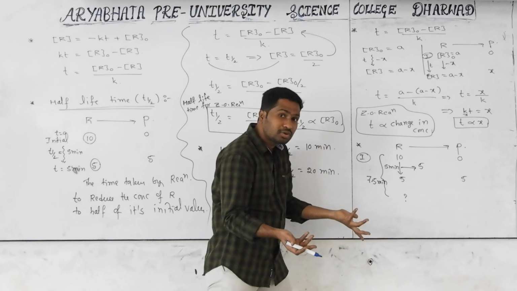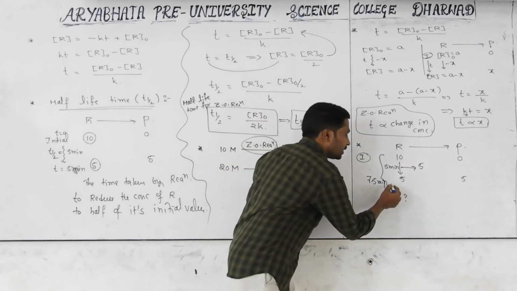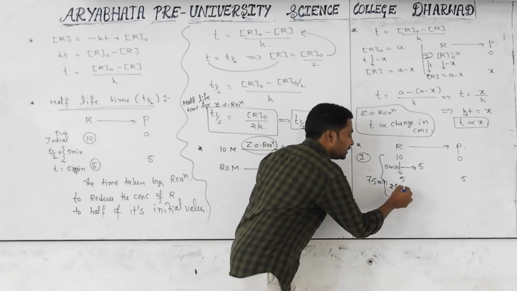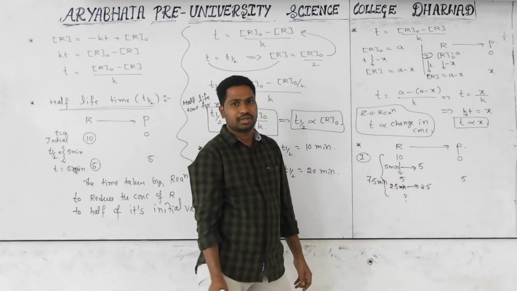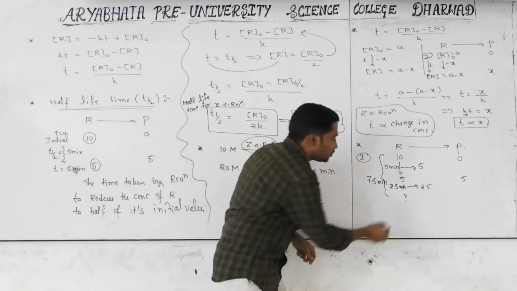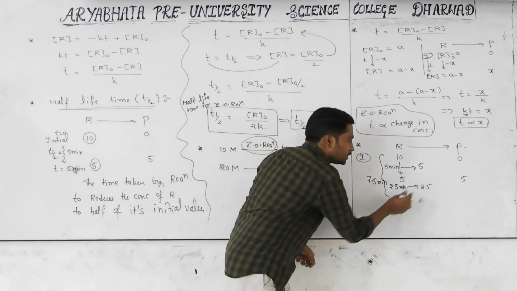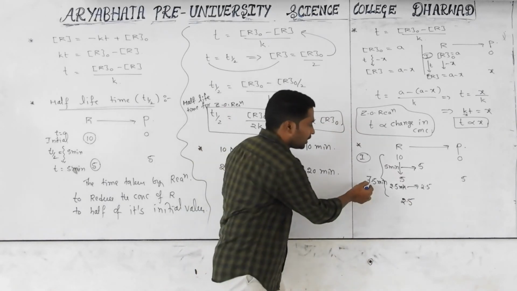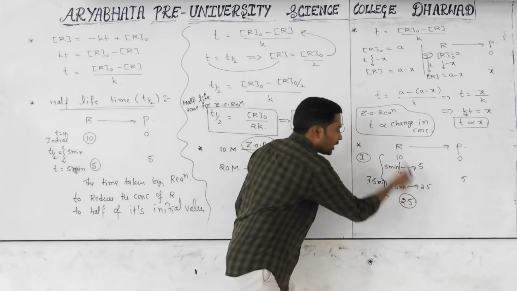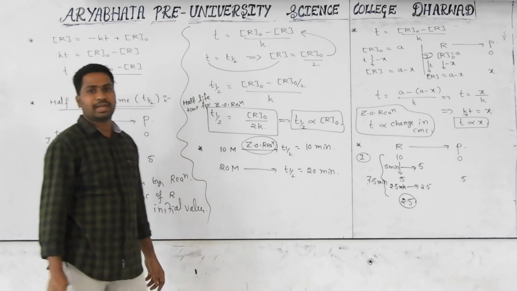For 2.5 minutes, how much change will come? 2.5 will come. Why? Because directly proportional. Again, what happened in this duration? How much will be decreasing? 5 minus 2.5, it is nothing but 2.5. What is the answer? After 7.5 minutes, we have 2.5 molar of reactant.